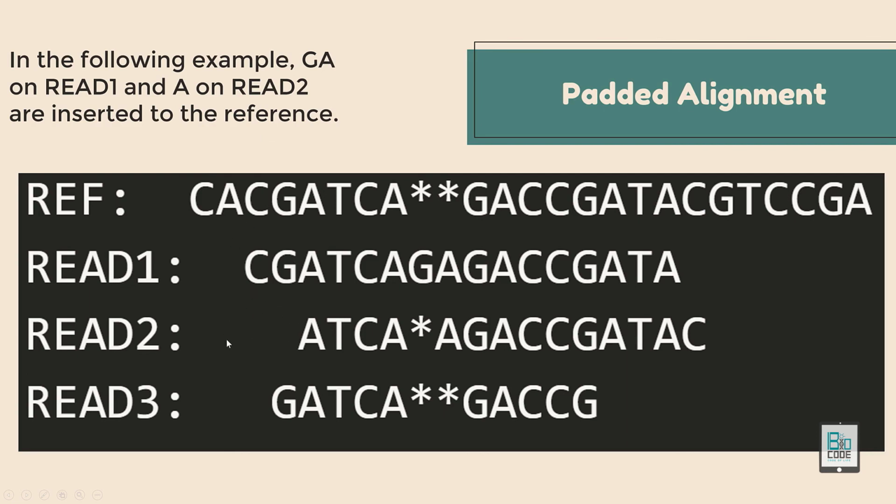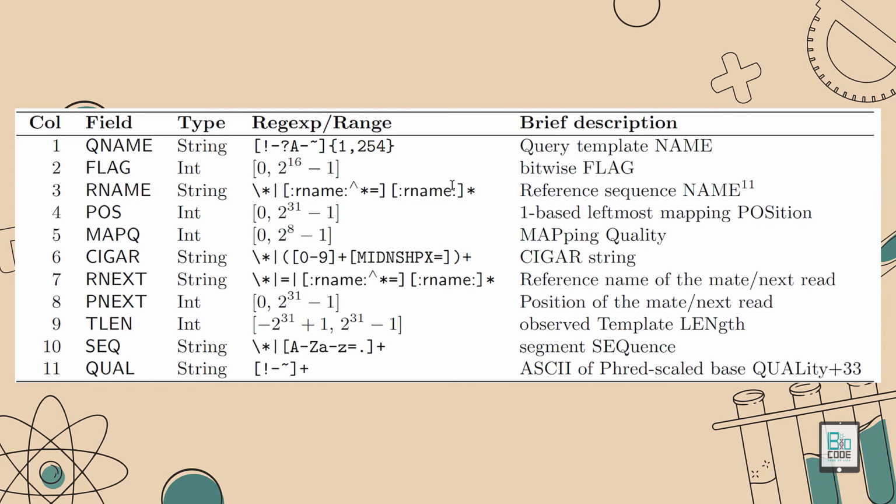So this means that this read 2 is actually padded over here, whereas read 3 is padded over here. So this is what padded alignment actually looks like. And as you can see in the following example, GA over here is actually inserted in the reference as compared to the padded alignment.